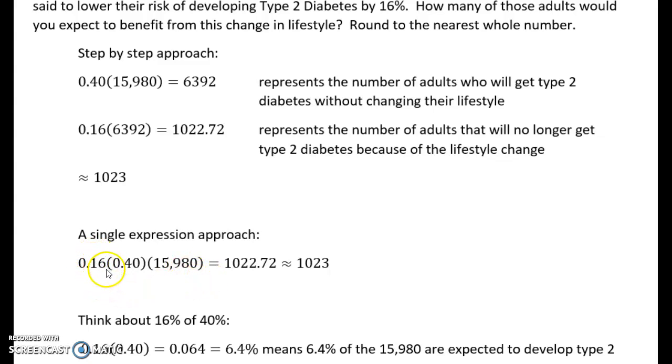So writing that as 0.16 times 0.40 times 15,980. You can perform that multiplication in any order that you want. You could do it from left to right. You can multiply the 40% times the 15,980 first, like we did above. No matter how you do it, you'll still get the same result, 1,023 people.